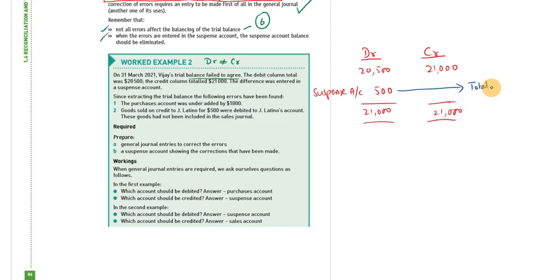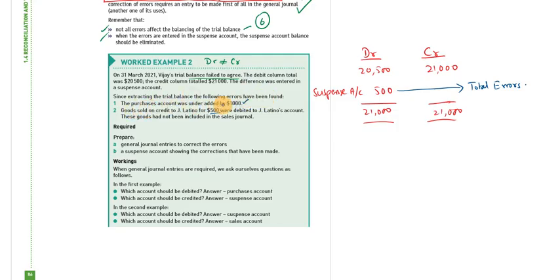So this is the total error existing in all our accounting, all ledgers, all journal entries. So there will be a total of 500 error. The first error relates to 1,000 and the other to 500, and the net will be the 500 error. So we have found two errors at the year end.